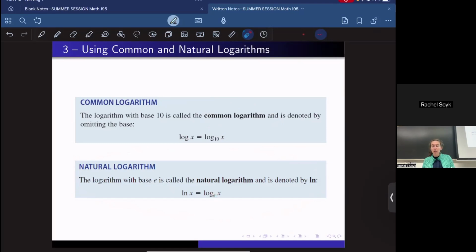Another way to represent this notation-wise: not a lot of the time will you see log base e of x. Instead, you'll see ln of x, which stands for natural log. These are synonyms of one another, but you just happen to see ln of x way more. And if you do end up practicing homework problems with your calculator, ln of x is the notation on calculators as well.